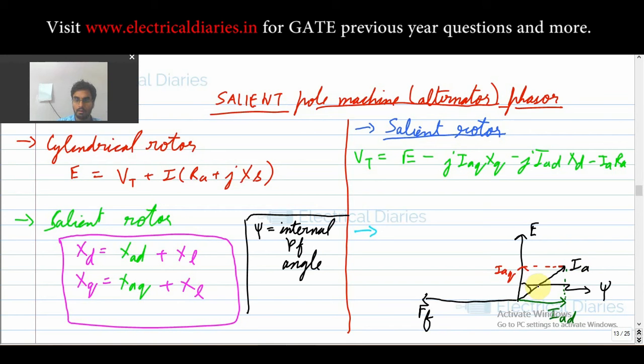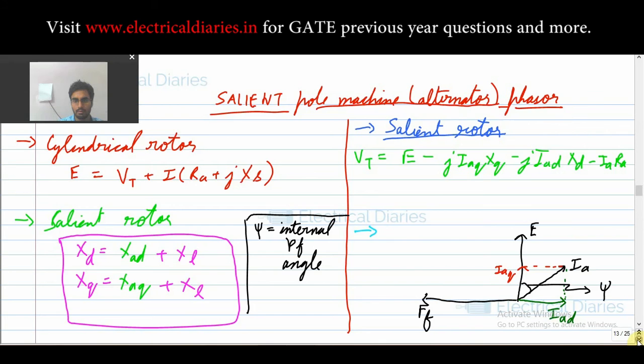Now you have to subtract from E, jIAQ XQ. X is a reactance, so it will be perpendicular to the direction of your IAQ. And this is also negative, so it will be in this direction.